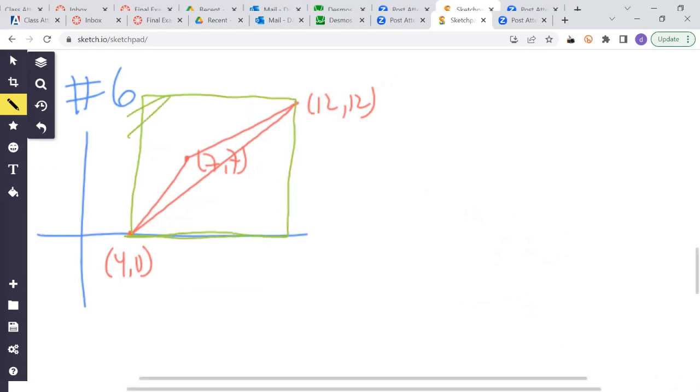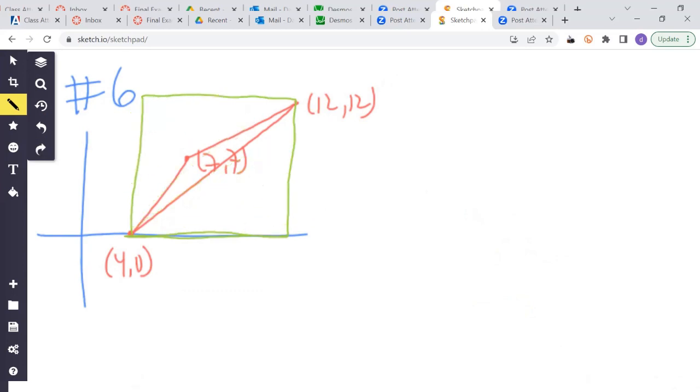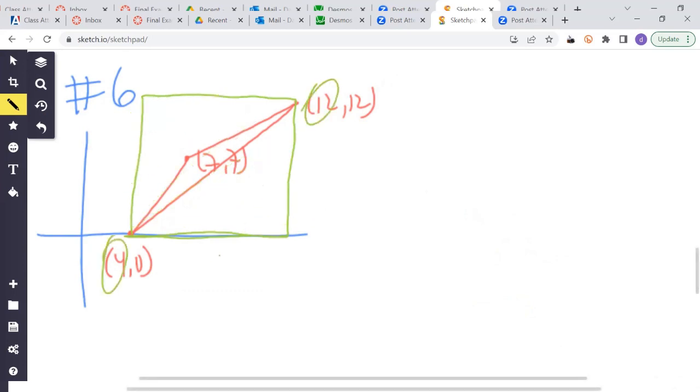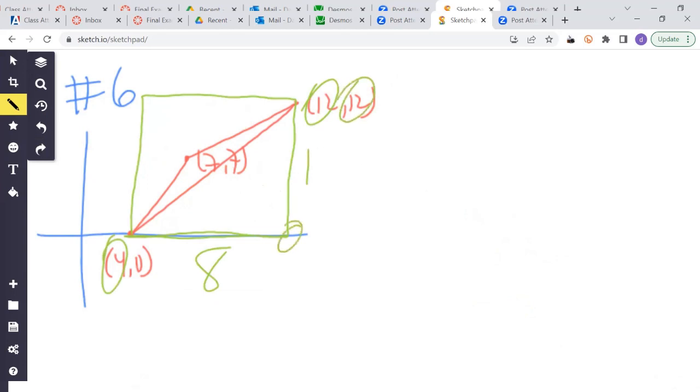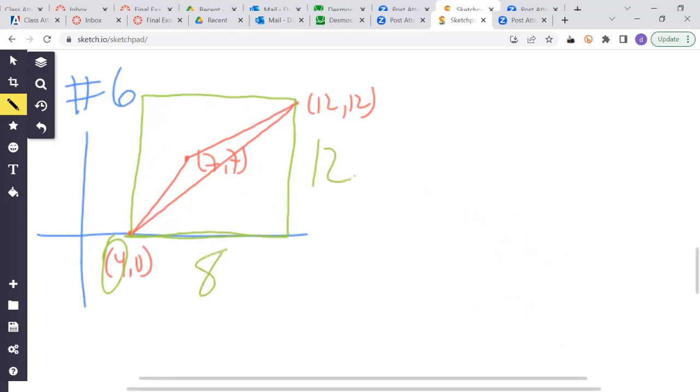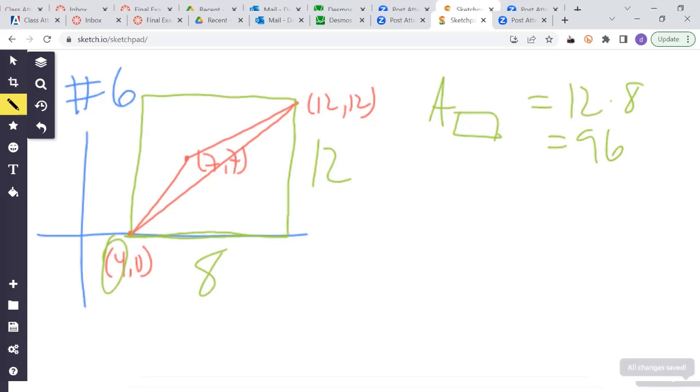Okay. Now this green rectangle goes from 4 to 12, so that's 8. And it goes from 0 to 12, so that's 12. So the dimensions of this green shape are 8 by 12. So the area of that rectangle is 12 times 8, which is 96.